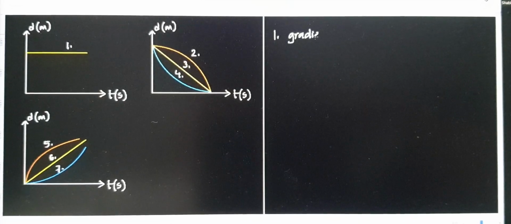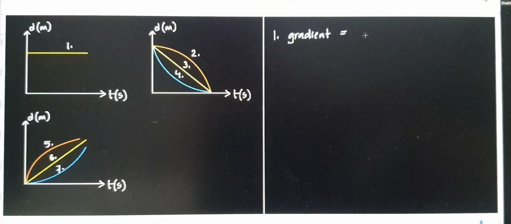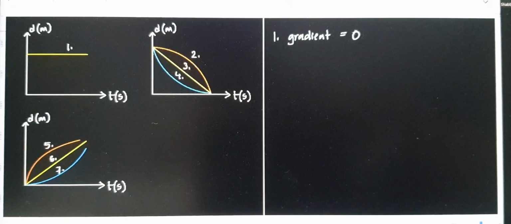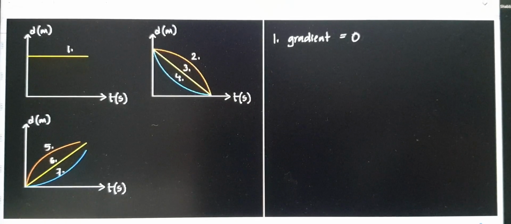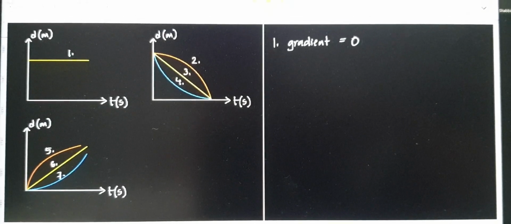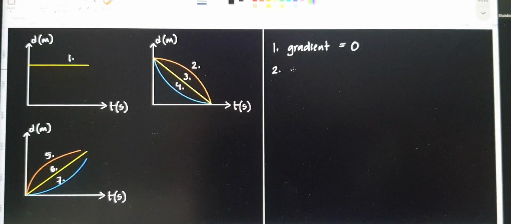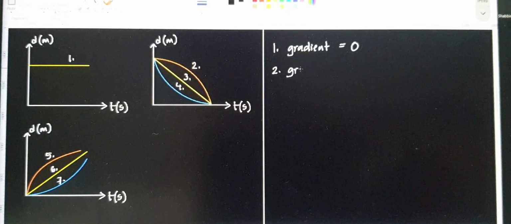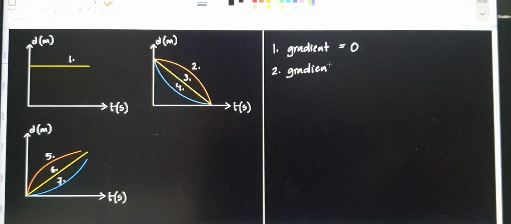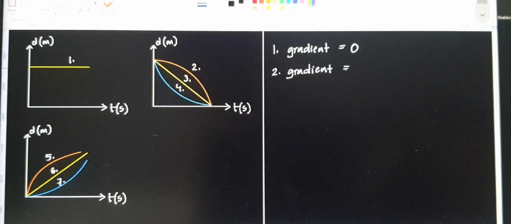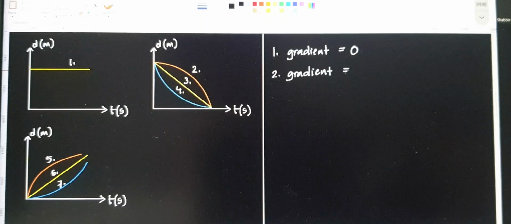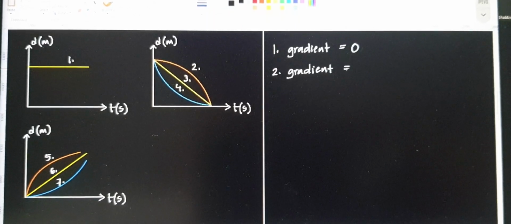Right? So for number 1, what is my gradient? 0. Right? It's a horizontal straight line. That means the gradient value is 0. Okay. Number 2, what is the gradient? Let's look at number 2. See? It is going downward, so the gradient is negative.